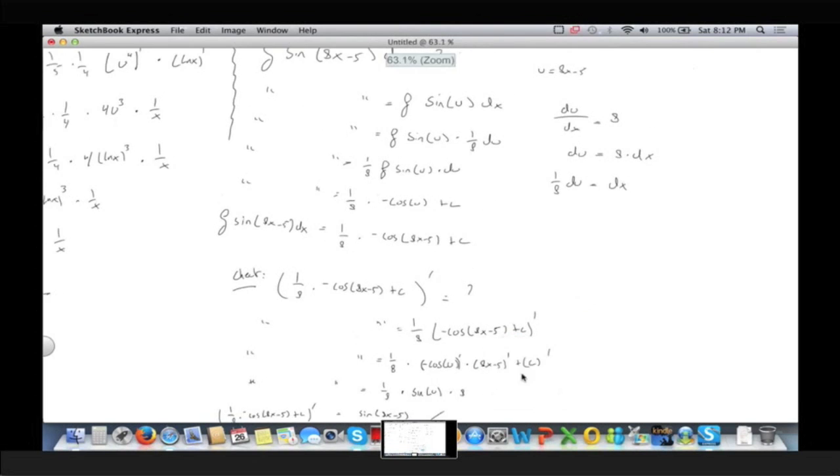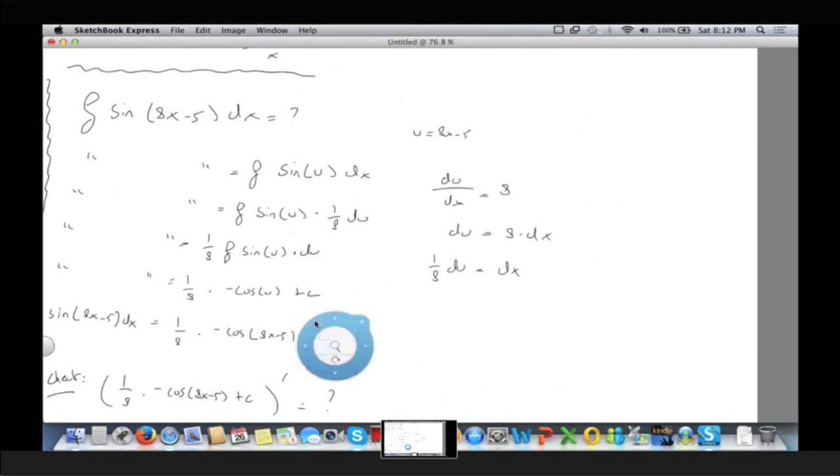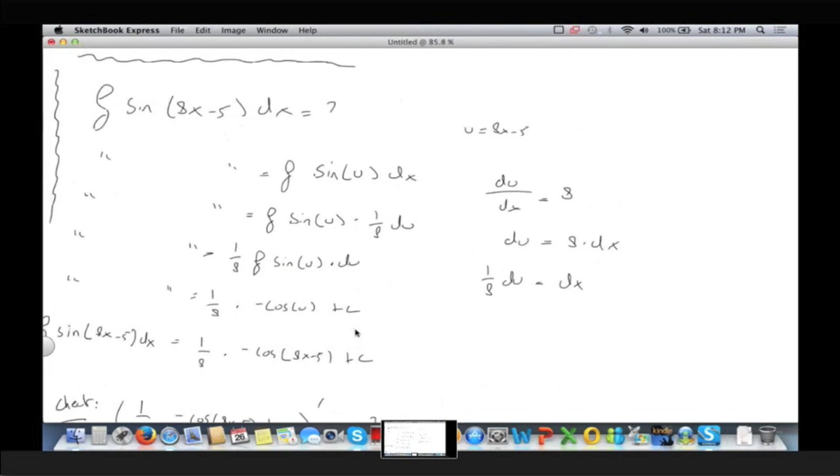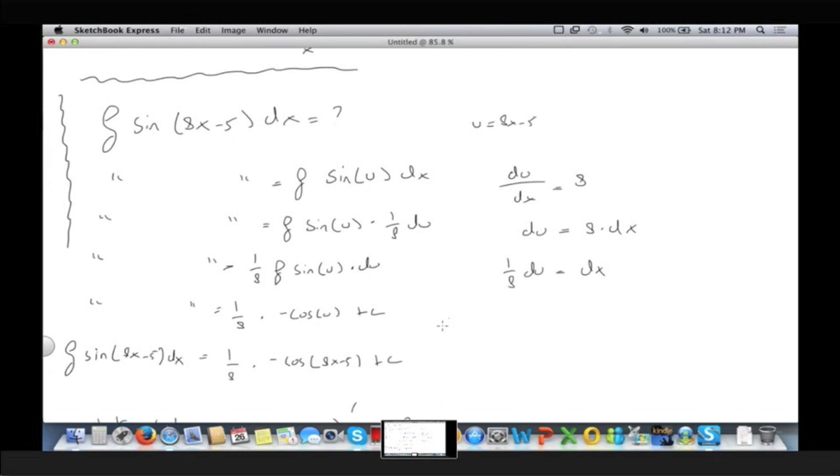So let's scroll back up to the beginning. Why did I say this one was different from the earlier problems? Well, just because the substitution you made here was u equals 8x minus 5. What's the derivative of 8x minus 5? 8. Remember we said that you have to make a substitution whose derivative is also in the integral up to a constant multiple.